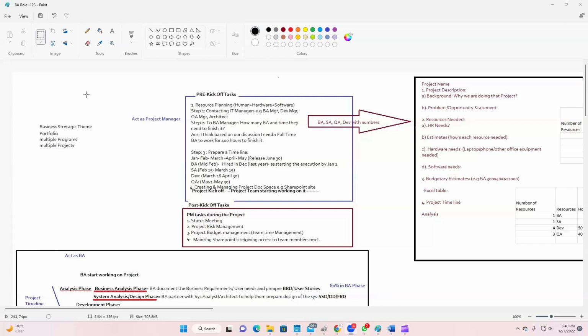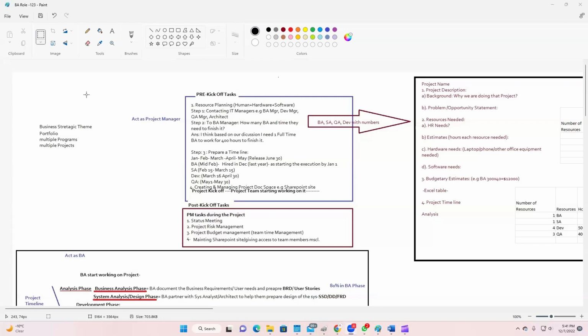In that planning, they start by checking with the IT side of leadership, the BA manager, dev manager, and QA manager, on how much workforce they need to finish this project.